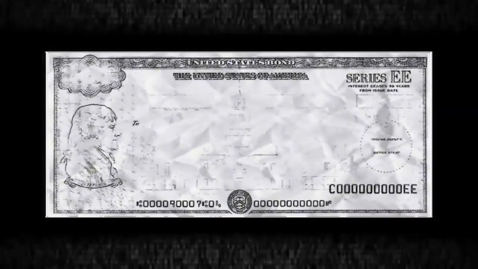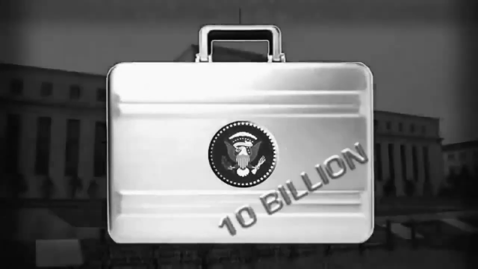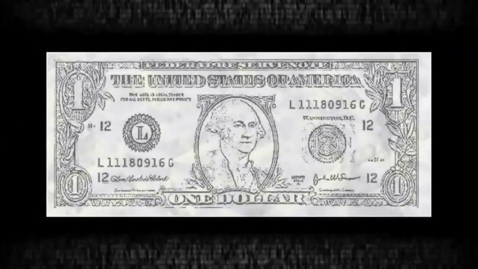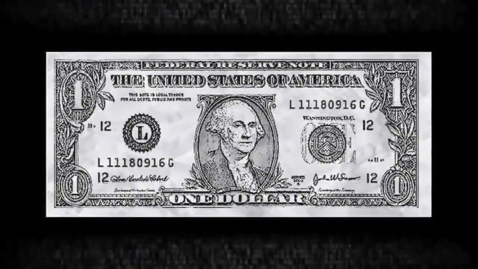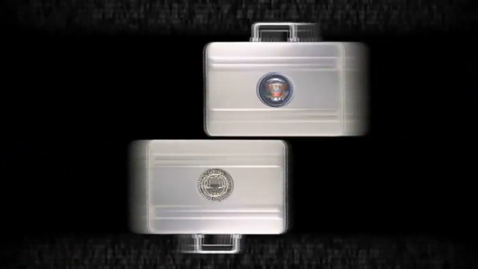So the government takes some pieces of paper, paints some official-looking designs on them, and calls them treasury bonds. Then it puts a value on these bonds to the sum of $10 billion and sends them over to the Fed. In turn, the people at the Fed draw up a bunch of impressive pieces of paper themselves, only this time calling them Federal Reserve notes, also designating a value of $10 billion to the Fed. The Fed then takes these notes and trades them for the bonds.